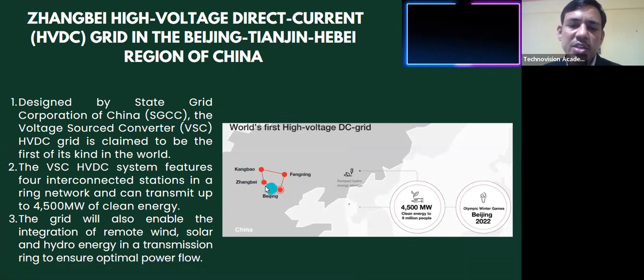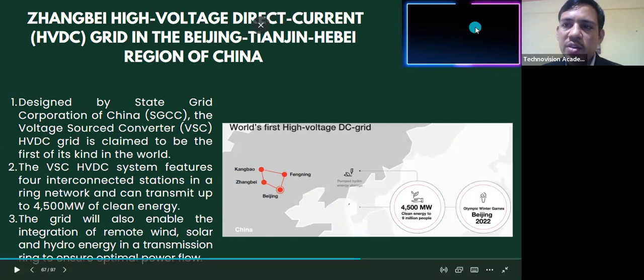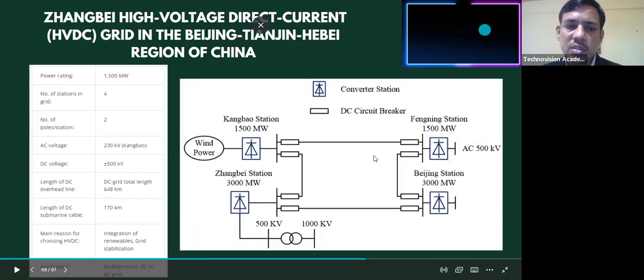They have connected four VSC HVDC systems. Now we can say this is the first multi-terminal or DC grid in the world where VSC HVDC systems are used to connect the system. So that project also came into service.